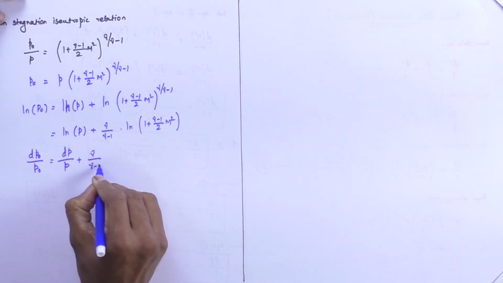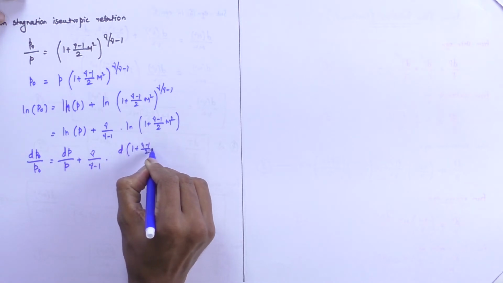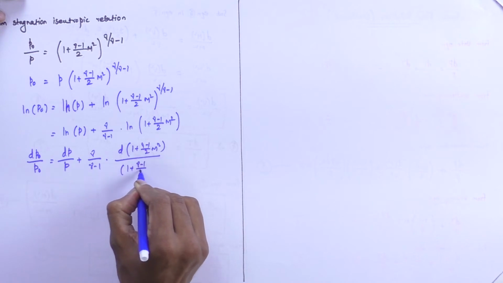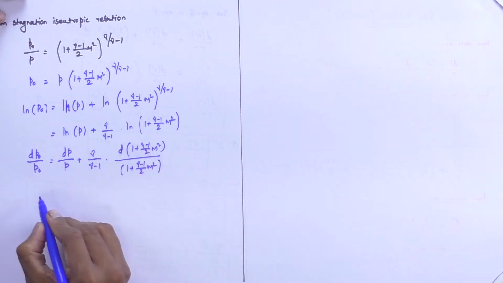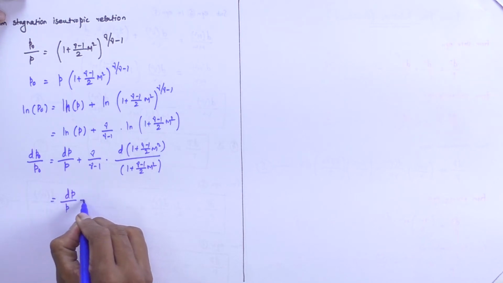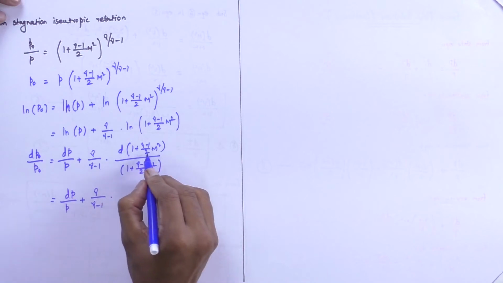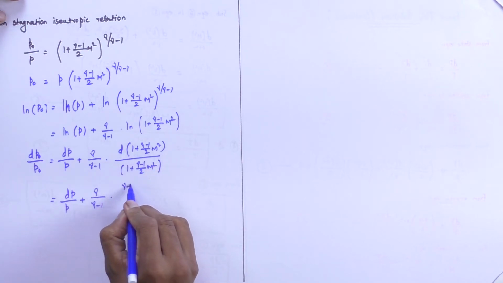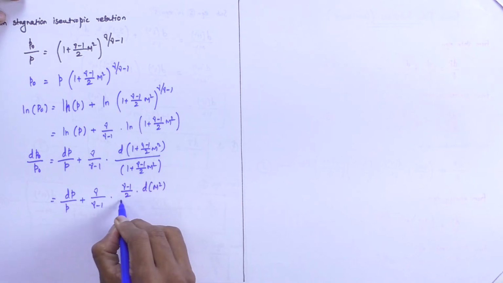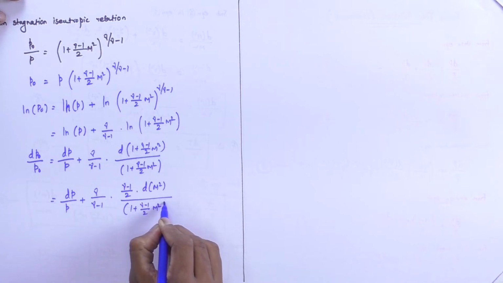gamma by gamma minus 1 into d of this term, which will be the derivative divided by the same term, 1 plus (gamma minus 1) by 2 M squared. So, this is equal to dP divided by P plus gamma by gamma minus 1 into, if you differentiate, (gamma minus 1) by 2 into d of M squared divided by (1 plus (gamma minus 1) by 2 M squared).